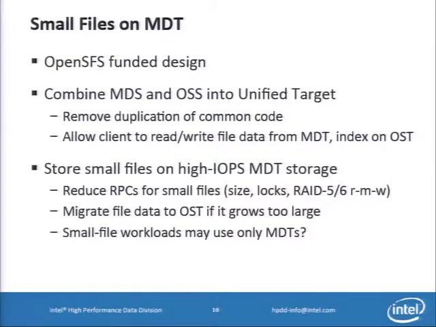So step one of this is to combine MDS and OSS into unified target code, which also allows us to drop quite a few bits of duplicated code, because all they really do is accept RPCs, process them, and then send replies generically.